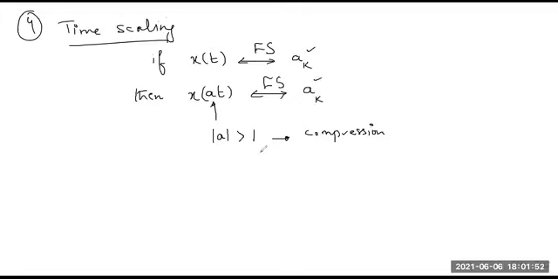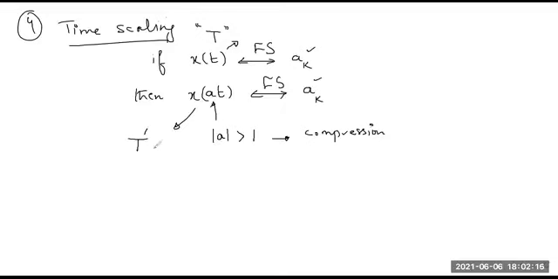If this signal is periodic with period capital T, then when you compress the signal, its period will change. Let me call the new period T dash.